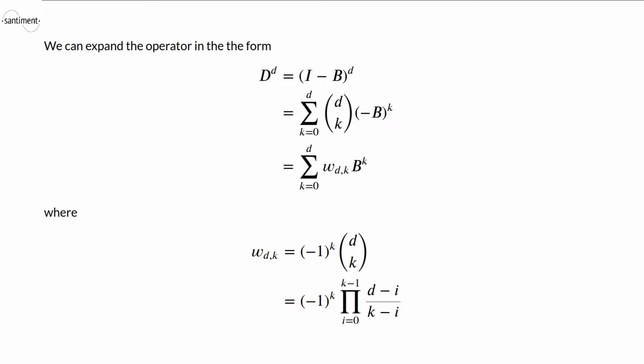Notice the following important part. Here we assume that d was a positive integer, right? However, if you look at the formula for the weight, this minus 1 to the k times a product of some things, well, here d doesn't have to be an integer at all. So you can put any value of d there, and this formula will still be okay. So it is well defined.